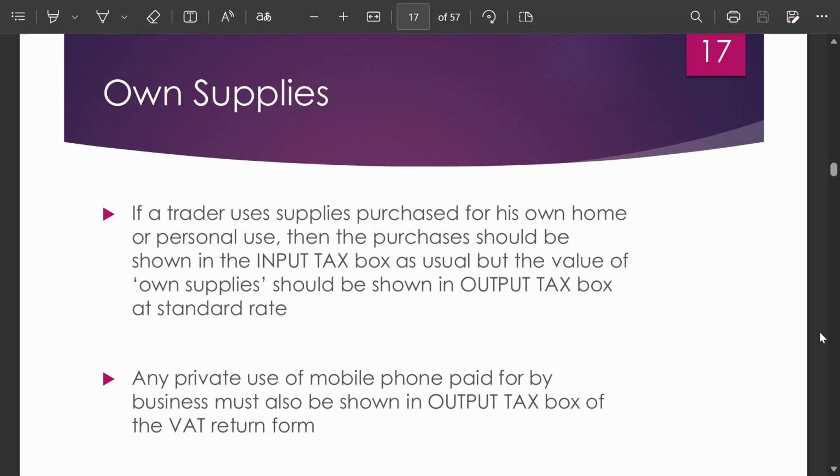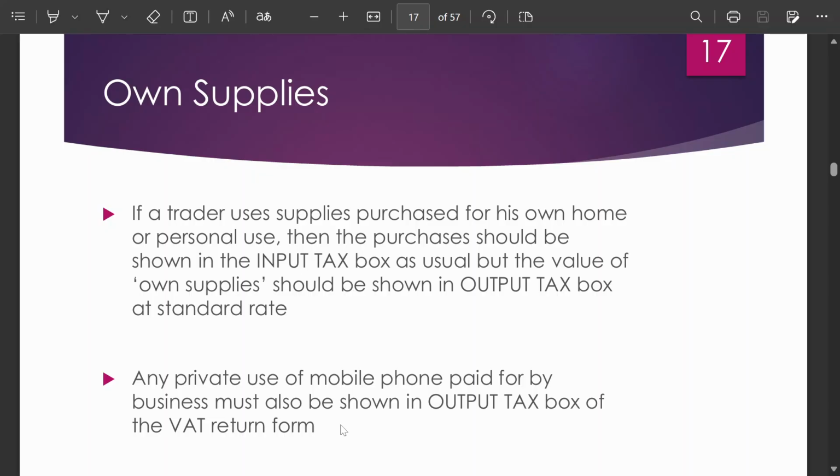Own supplies. Now this I've already discussed, okay? This thing which you see mentioned here, I have already discussed it. Here's the part about the private use of mobile phones. I have already shown you how this happens, so we don't need to spend more time on this right now. But for private use of mobile phones, you can see how it is shown in the output tax. You'll typically be given information that the mobile phone bill is so much, but 40% of that is for private use by employees.